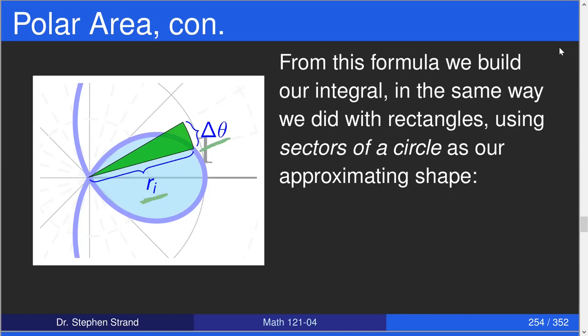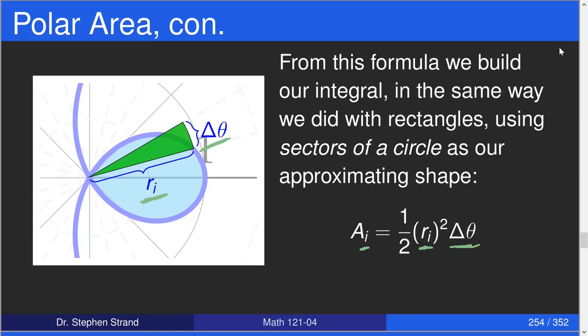And so with those quantities, we are going to have an area, and again, I put a sub i here to denote that this is like an approximating shape. So the area of one approximating shape is going to be 1/2 r sub i squared, and then times delta theta. And so delta theta is going to function in the same way that delta x did when we were doing this with rectangles.